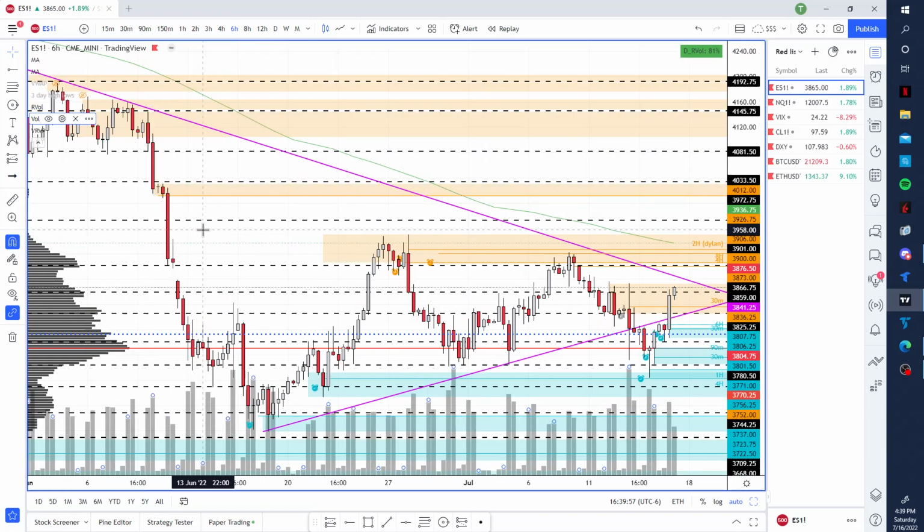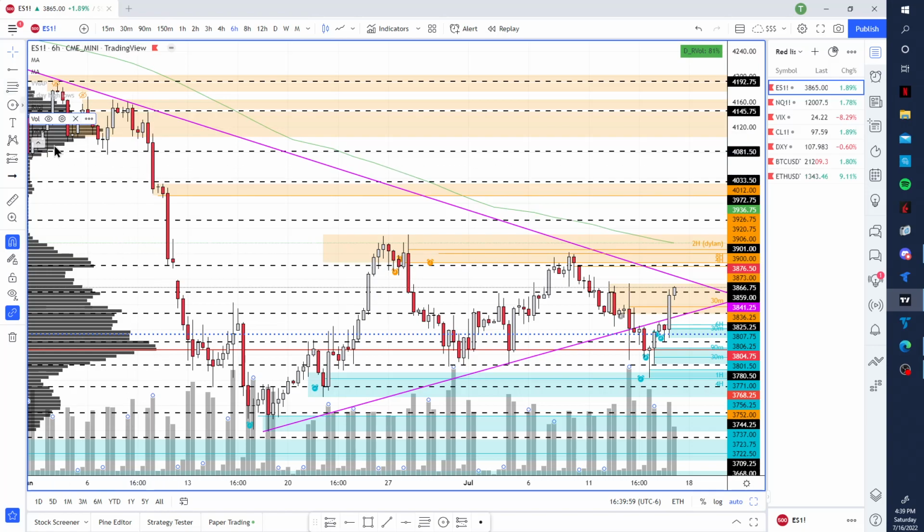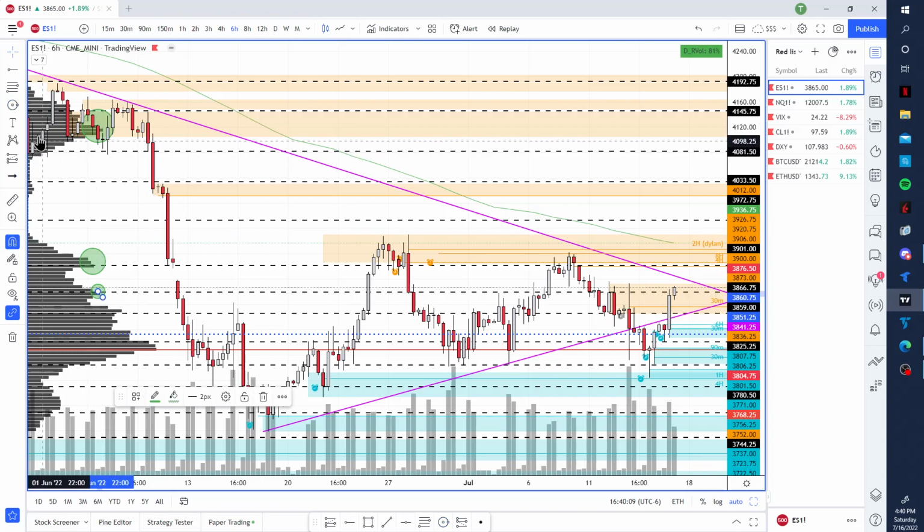So you'll see that the volume profile shows these nodes, is what they call them. These are volume nodes, and these are where the volume spikes on the volume profile. These tend to act as supply and demand levels, or support and resistance. These can also help validate your zones.